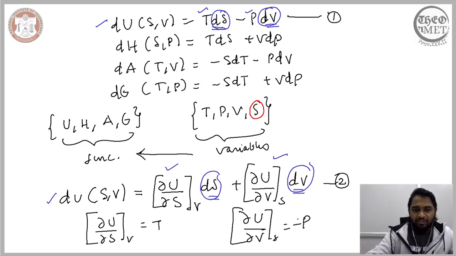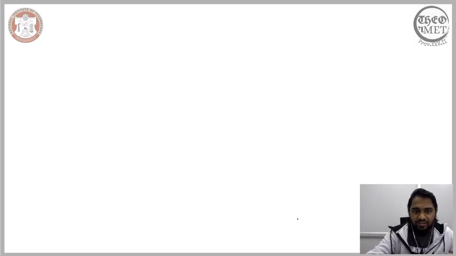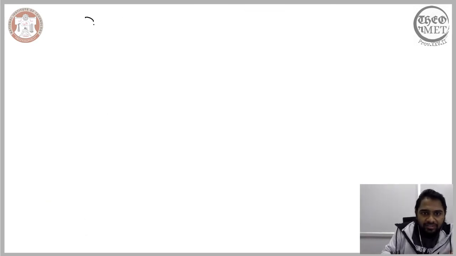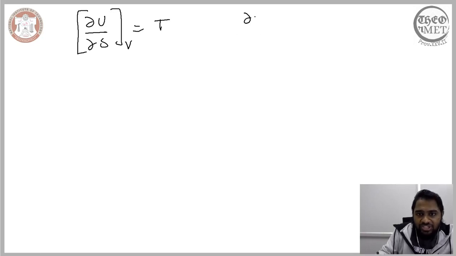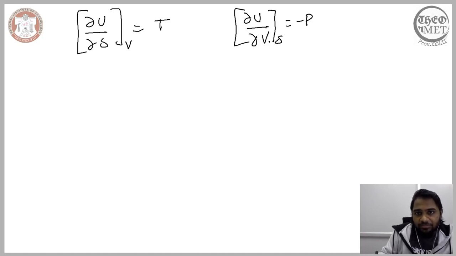Let me rewrite it once again in a new slide. So what we have essentially arrived at is that the change in the internal energy with respect to the entropy when the volume is constant is the temperature, and the change in the internal energy with respect to the volume when the entropy is constant is the negative of pressure.